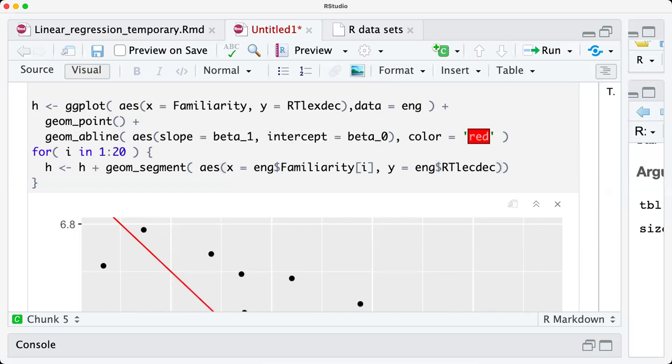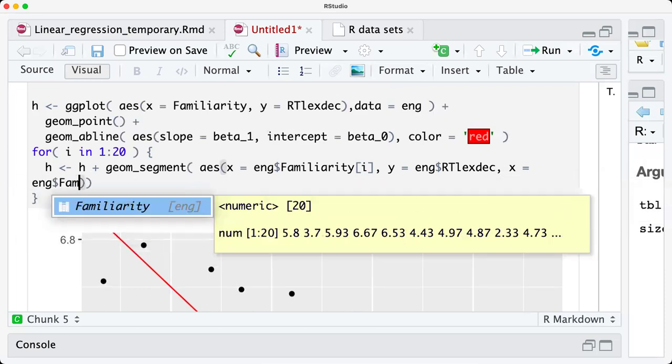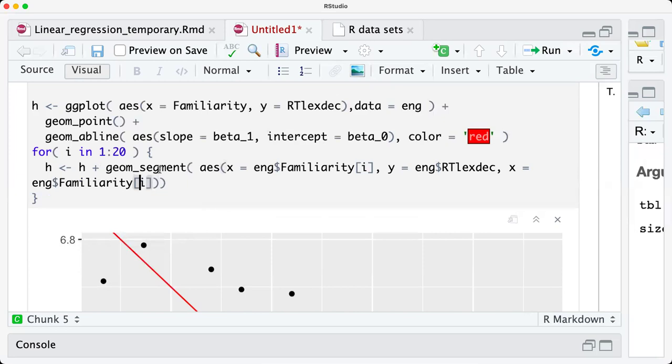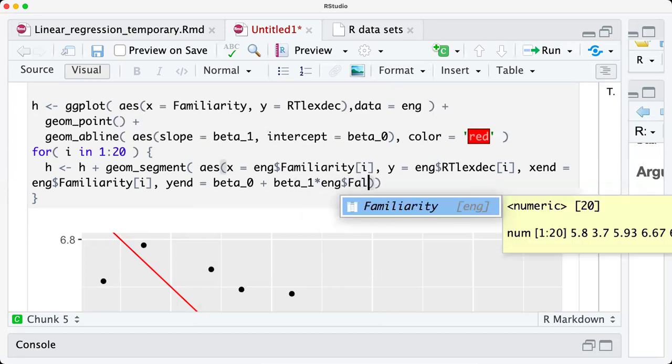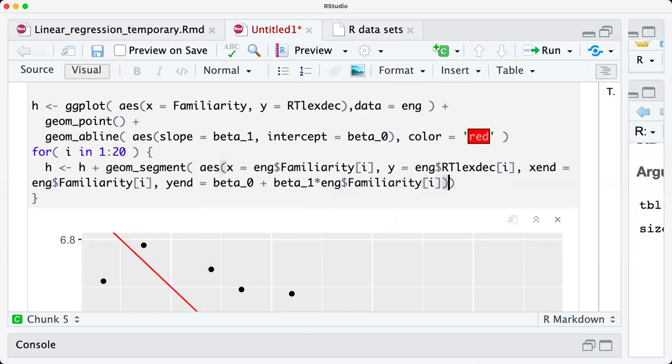So here we are taking the point, and then there is the other extreme, which has the same x, and the y this time, sorry, the y is on the line, so it will be beta 0 plus beta 1 times the English familiarity computed at that time.